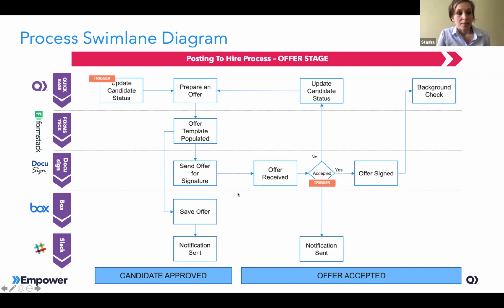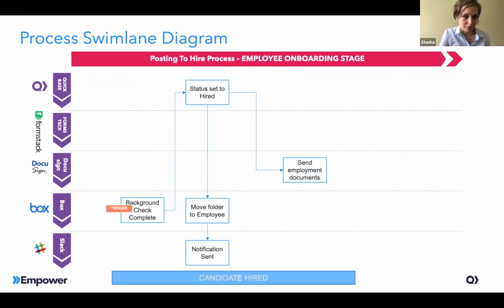Tracking the process of signing, approval, or rejection of this offer could lead us in different directions, whether the candidate approves the offer or rejects it. If he rejects it, we can reiterate and update what his requests were. Or if he agrees and accepts it, we can proceed to a background check, getting closer to employment.